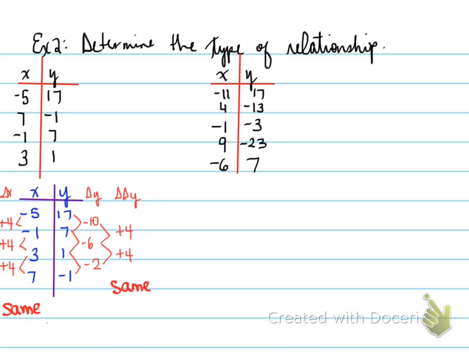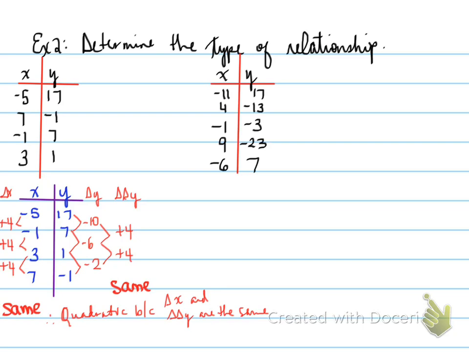Because they're the same, that tells us that our delta x's are the same and the delta y's are the same. That is, the second differences mean that, lo and behold, we have a quadratic relationship. That's because delta x and delta y are the same.